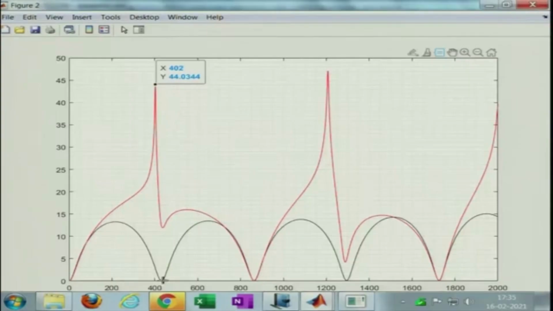So, the first trough is observed as the first resonance frequency of the whole chamber, that is at F equal to C naught by 2L. So, 343 divided by 0.8, if you do, you will get about 428 or something like that. Okay. You will get 428 if I were to click this.